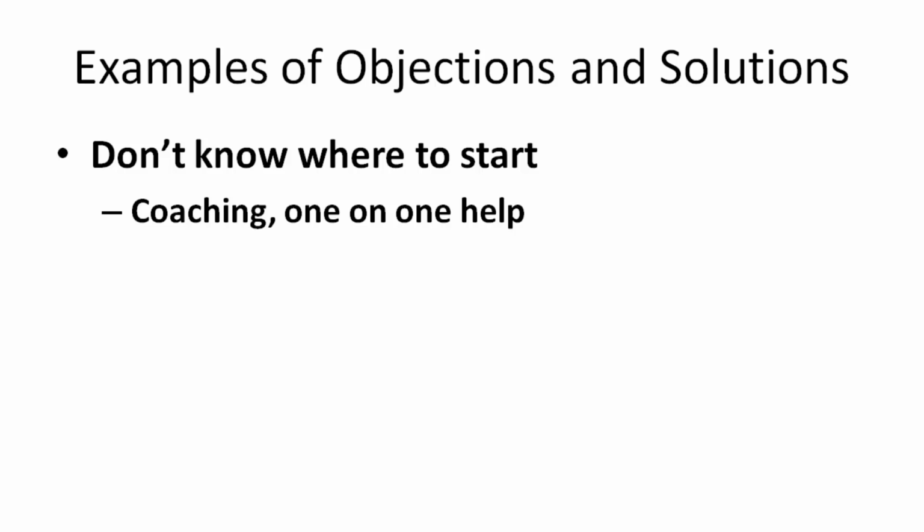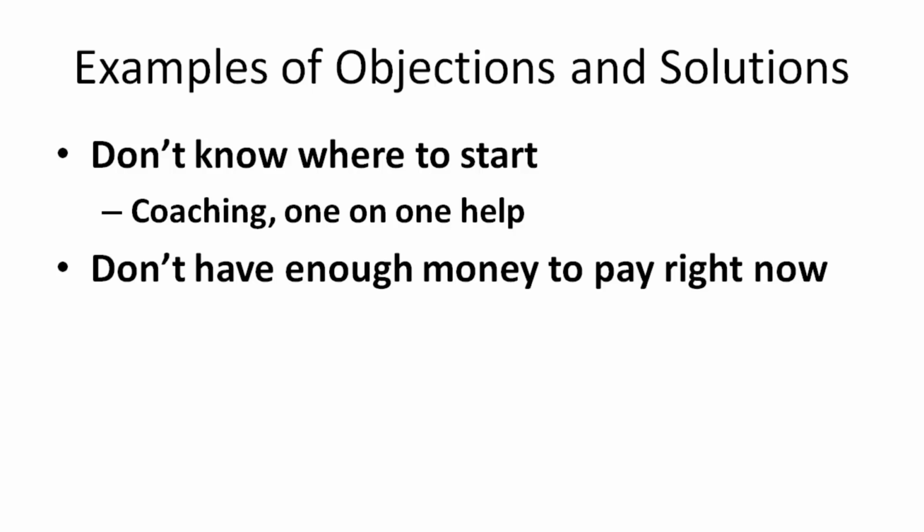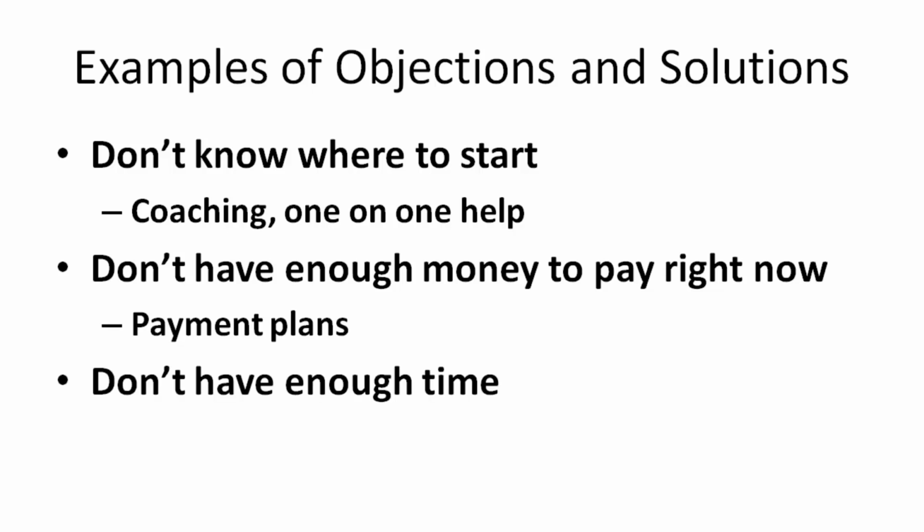So you could provide coaching, one-on-one help. They don't really have an excuse to say that because you're going to provide them with one-on-one help, coaching, or maybe you have advisors underneath you that could help them. Another very popular objection is, I don't have enough money to pay right now. Well, if that's the case, you could provide payment plans, like I talked about earlier. Don't have enough time.